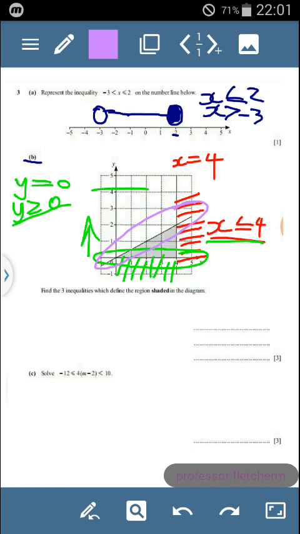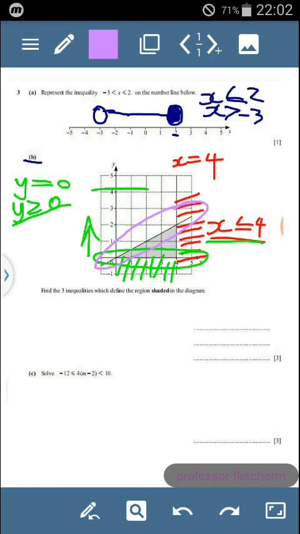So how do we calculate that one? We need an equation that gives us that line, and from that equation, we are going to formulate an inequality. First of all, how do we calculate the equation of a straight line?